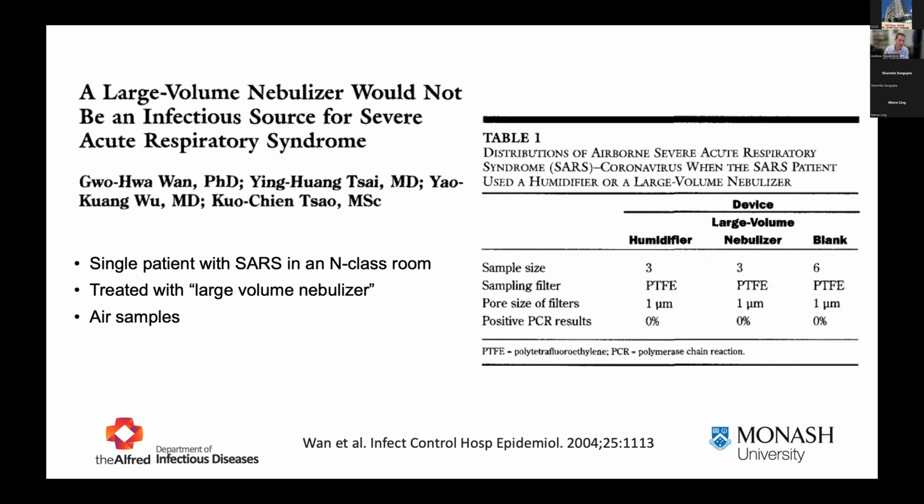And then this paper, going back in time to the SARS period, which looked at a single patient with SARS in an N-class room who was being treated with a large volume nebulizer, and they took air samples and found that there weren't any positive PCR results suggesting aerosolization of SARS in this particular paper.